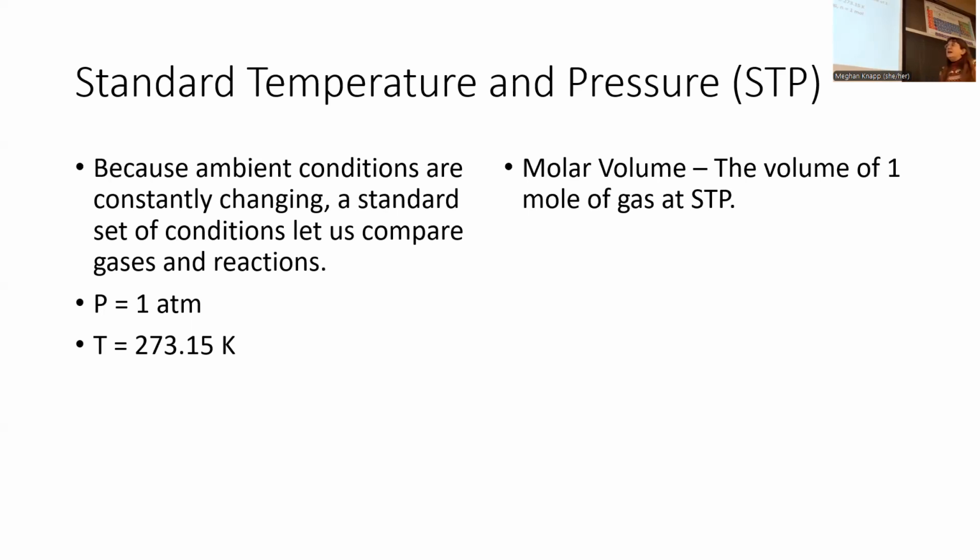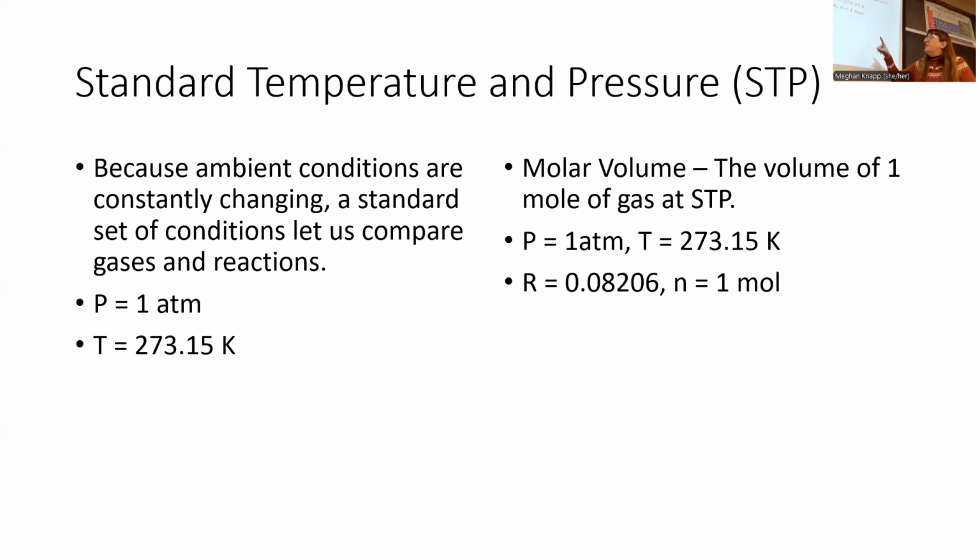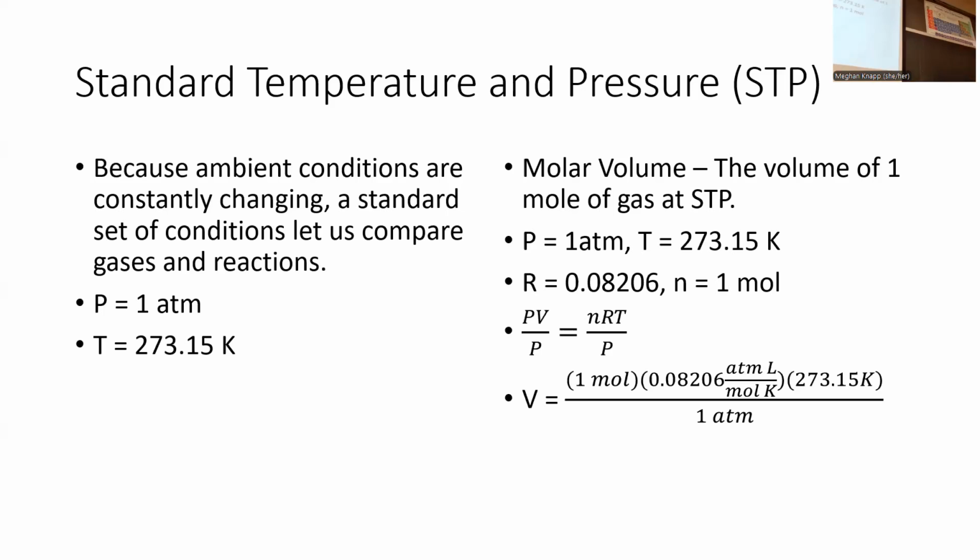R is always the same, and if it's a molar volume, then it is per 1 mole. So we're just going to have to plug all of those numbers into the ideal gas law and solve for volume. Okay, so this time volume is going to remain by itself, and we'll divide both sides by pressure. Plug things in, it should look like that.